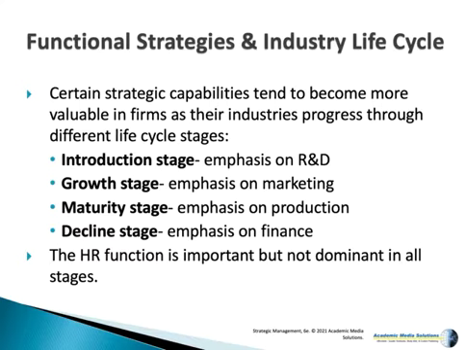When you shift into the decline stage, the emphasis often shifts as well to finance, because at this point, you're sometimes just managing decline, managing financial losses, and determining how to move the pieces of the business around in a way that makes financial sense. Now, the HR function is one that I didn't mention through these four areas. It's really important, but it's not dominant in all areas. HR, human resources, is important throughout the entire industry life cycle.